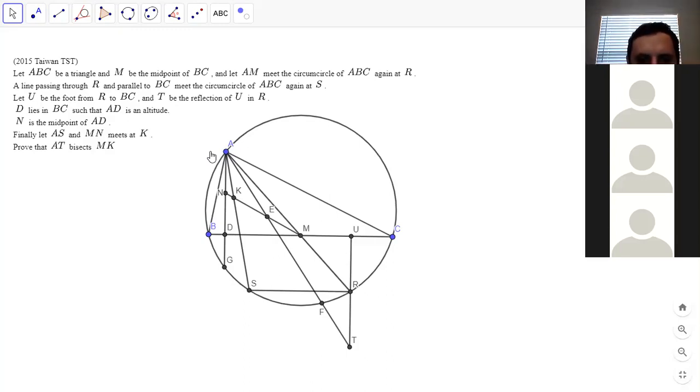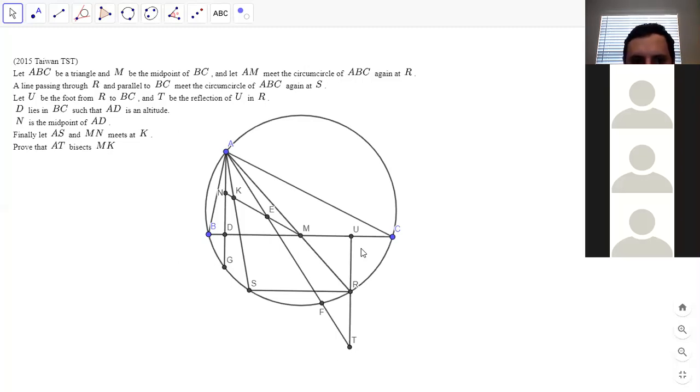So MN, oh no. What if I projected through A onto UT?